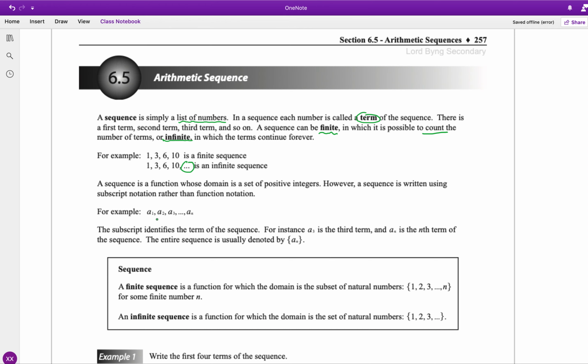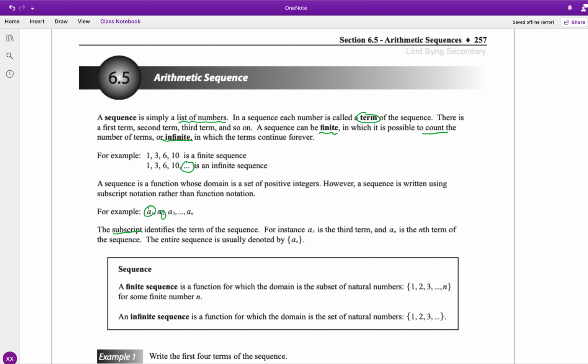It's very important to differentiate between a term in the sequence and a term number. This is called a subscript. The subscript defines the position of the term in the sequence. For example, if the subscript is 2, then we understand this is the second term.